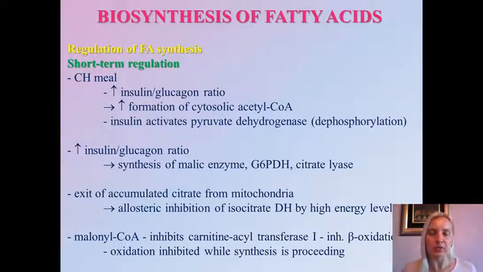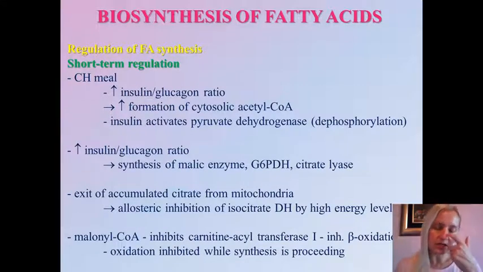This is very important because during fatty acid synthesis we have the accumulation of malonyl coenzyme A, which inhibits the oxidative processes. So oxidation of fatty acids is inhibited while synthesis is proceeding, and the opposite.